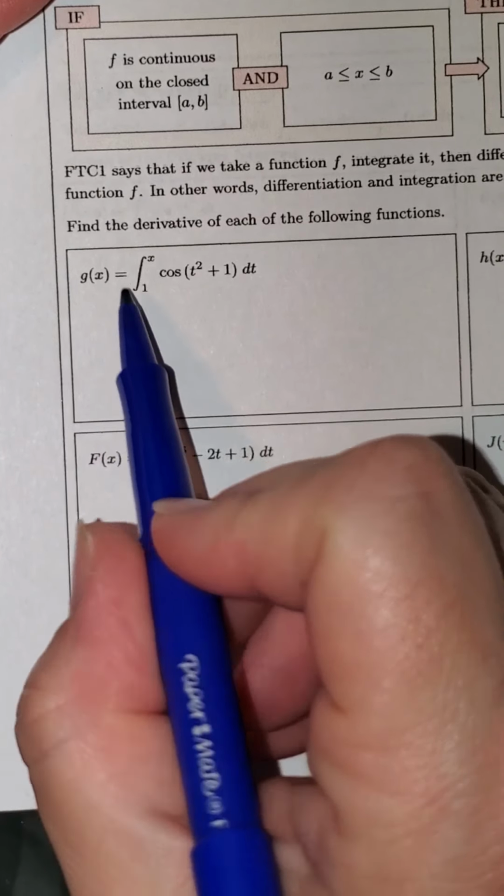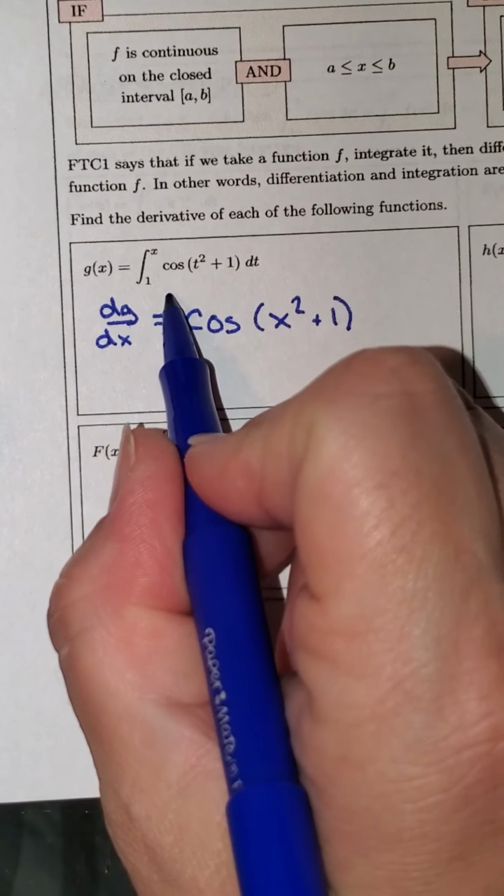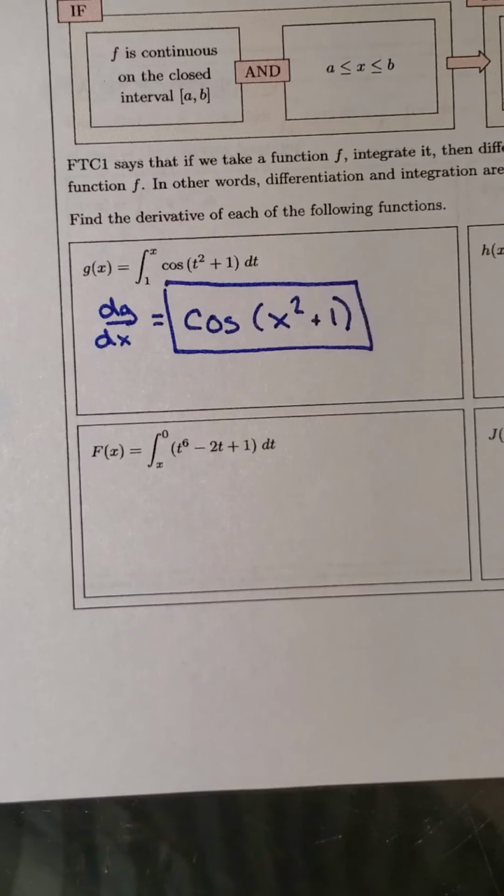So dg over dx, then the derivative, you're just basically undoing the antiderivative by plugging in x, would be the cosine of x squared plus 1. And you don't need to do plus c because it's a definite integral. You're technically plugging them both in. So that's it. That's your answer.